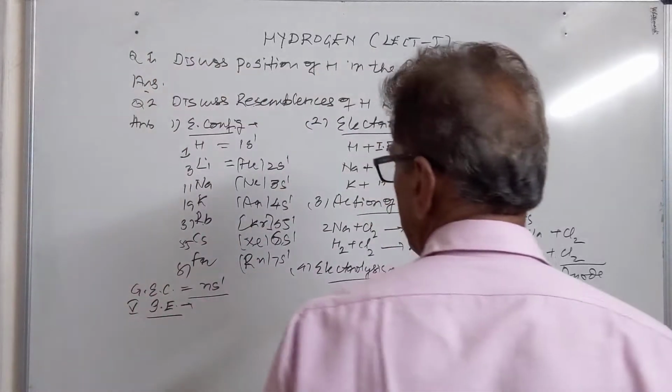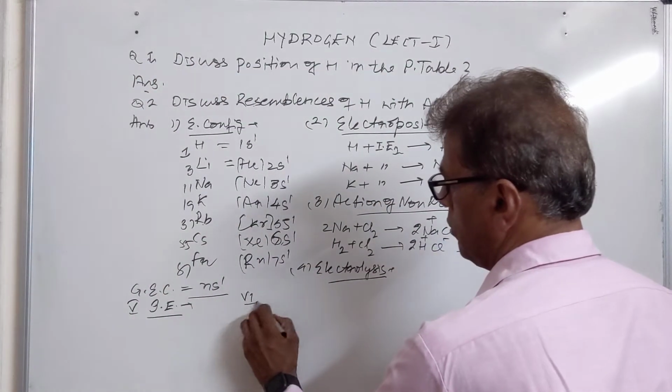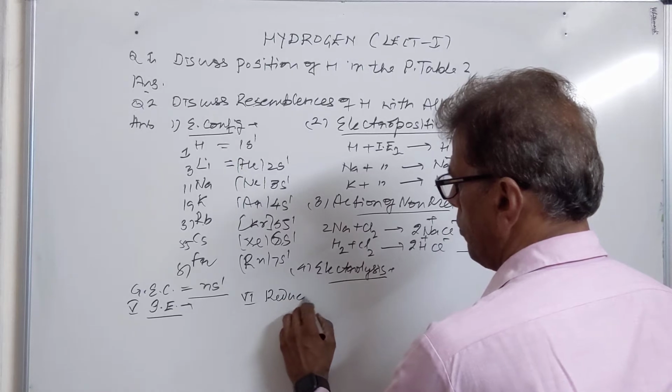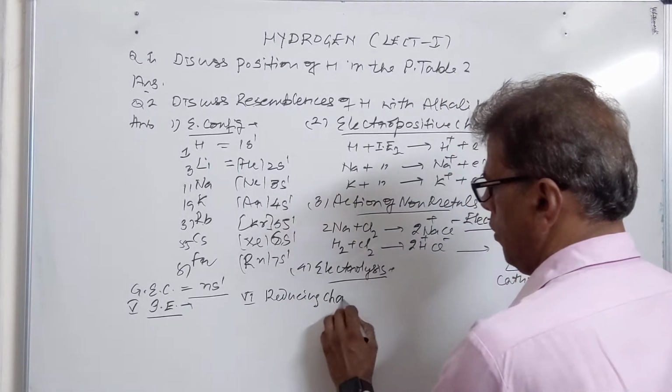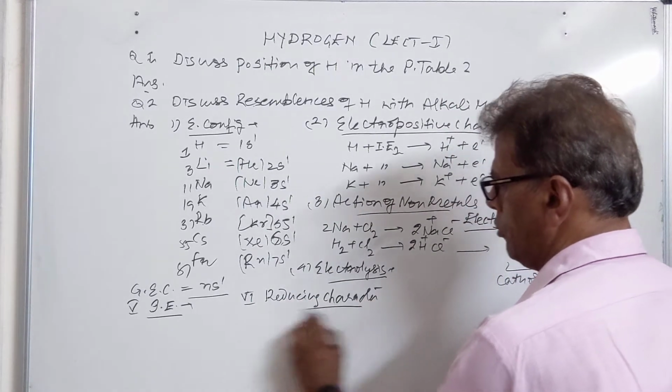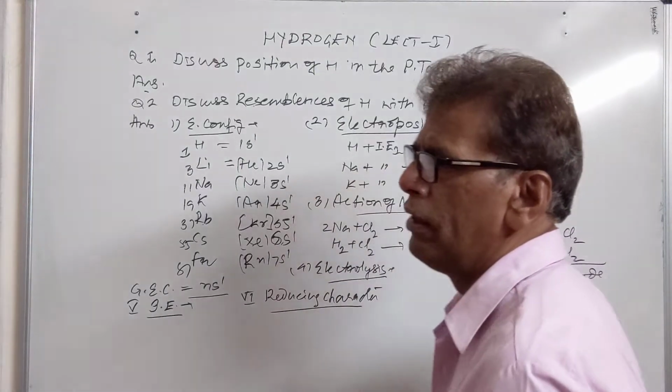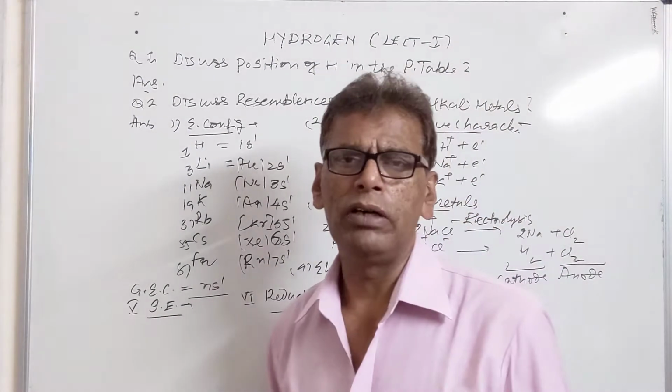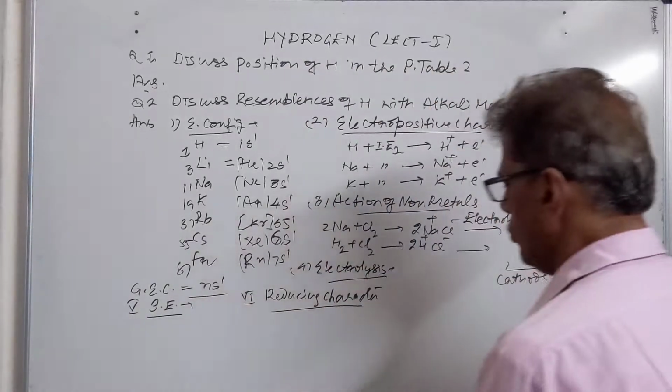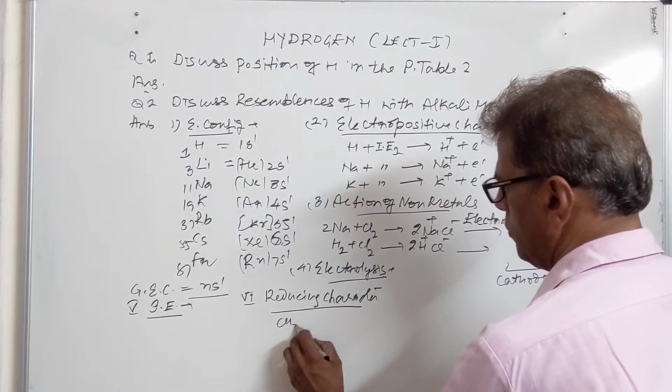Then we have the reducing character. Just like alkali metals, hydrogen behaves as a reducing agent. It can reduce some metal oxides into their metal state.